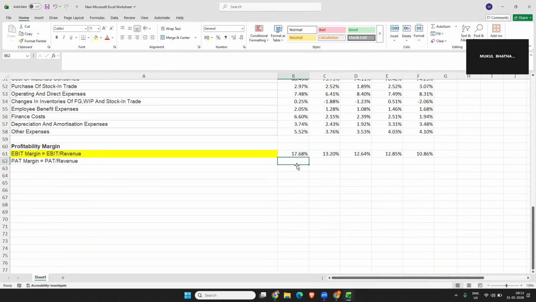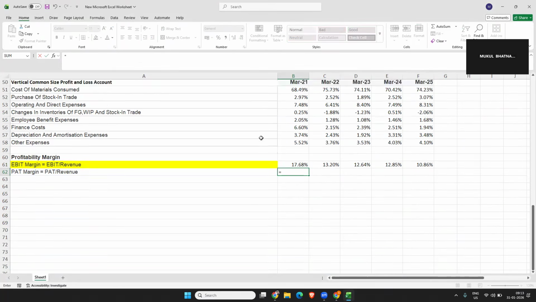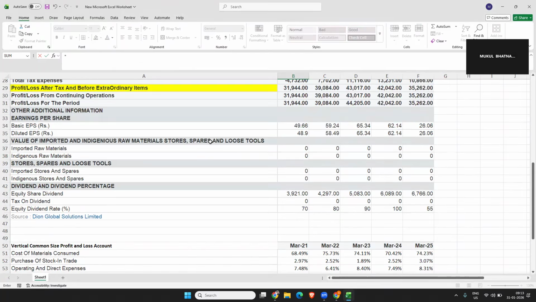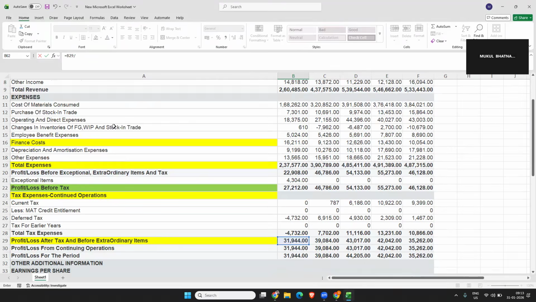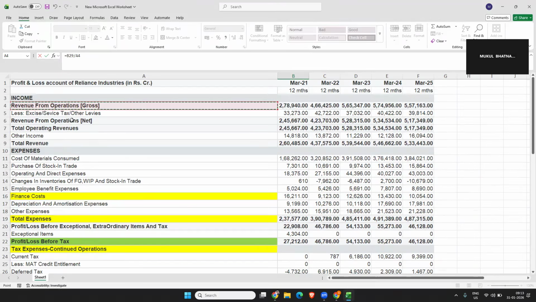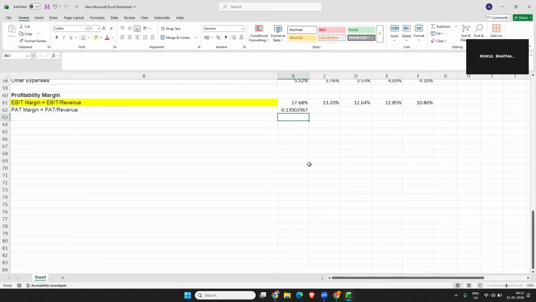It is quite simple. Equal to profit after tax divided by revenue. This is the revenue from operations net and I will press enter.